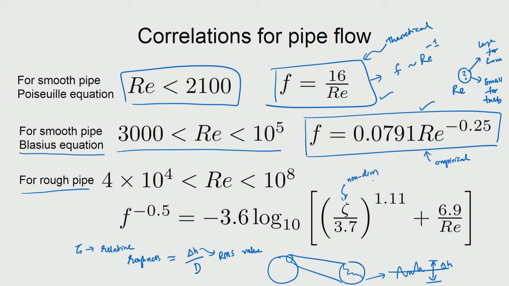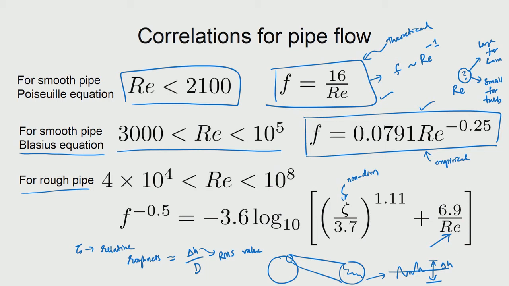So we have the friction factor made as a correlation for not only the Reynolds number, but also the relative roughness, which means that even for rough pipes, we do have a way by which we can evaluate what would be the pressure drop required if you want to push fluid through it at a particular velocity. And for the velocity, you evaluate the Reynolds number and then plug it in with the roughness, and you get the friction factor. That would give you what the delta P looks like, etc.